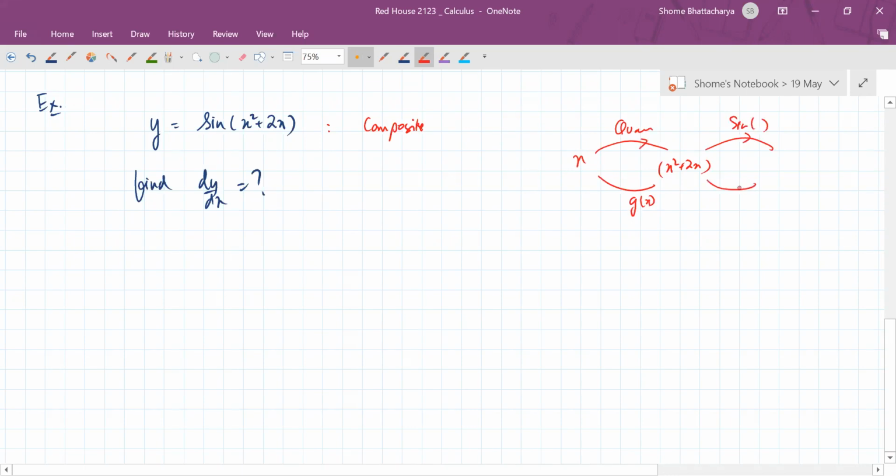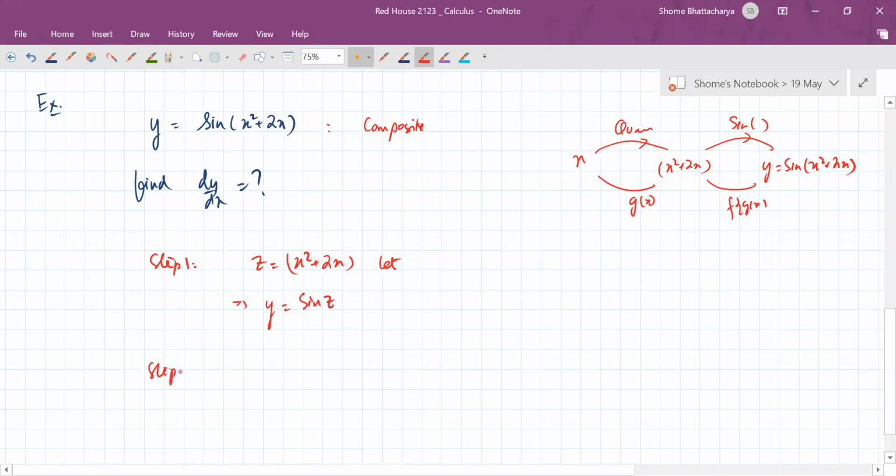So that is our f of g of x to get sine of this quadratic function x square plus 2x. So the substitution step that we'll do here is that we'll take z, or you can call it any other variable, but a new dummy variable, as x square plus 2x. So y becomes sine z.